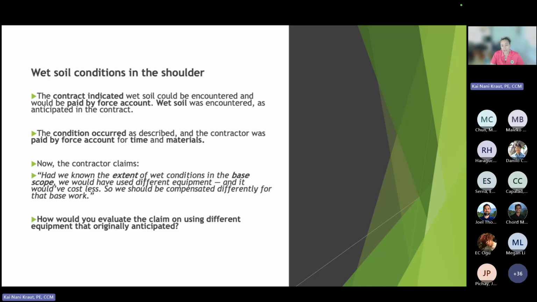So the contractor under 102 also has the obligation to ask the question during bid. So if it was obvious and they didn't ask, then they have failed their own due diligence.